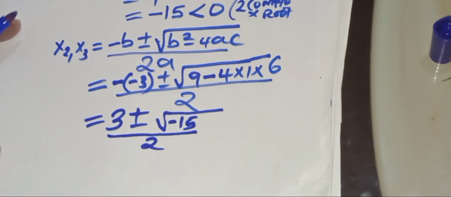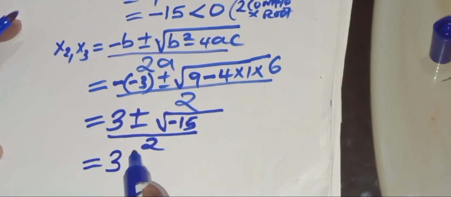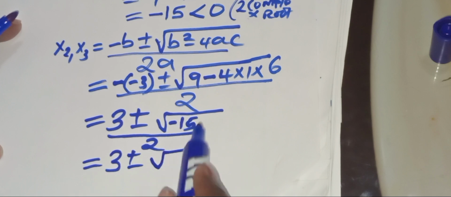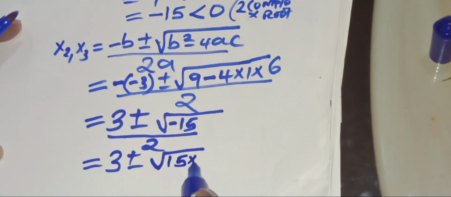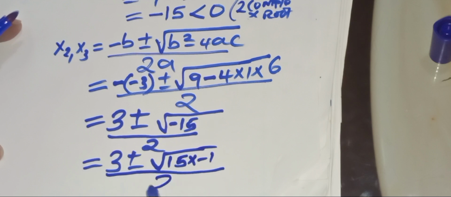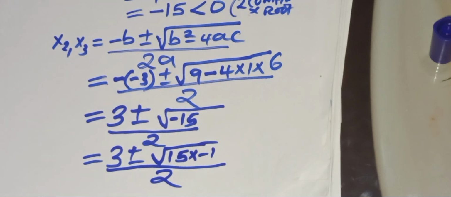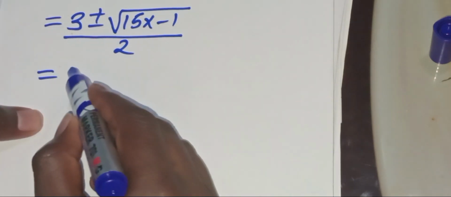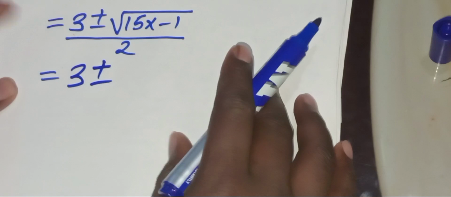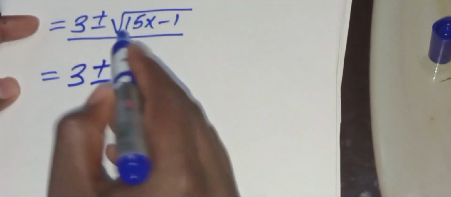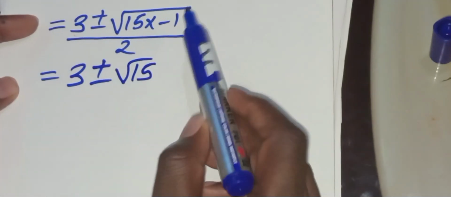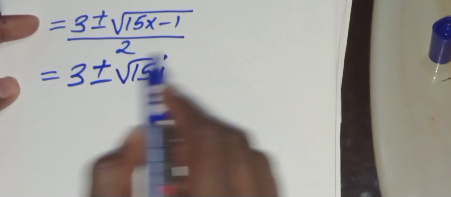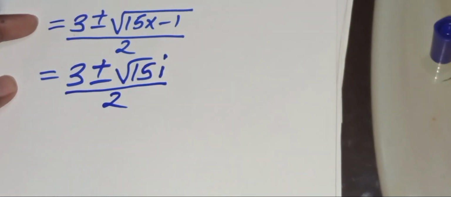Now we can express negative 15 as 15 times negative 1, so that is 3 plus or minus the square root of 15 times negative 1, divided by 2. This is equal to 3 plus or minus the square root of 15, and the square root of negative 1 is i, divided by 2.